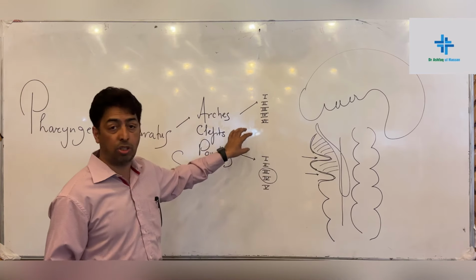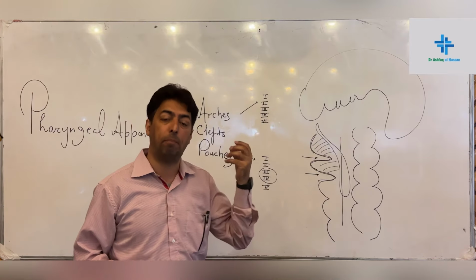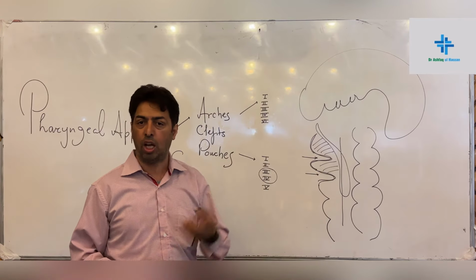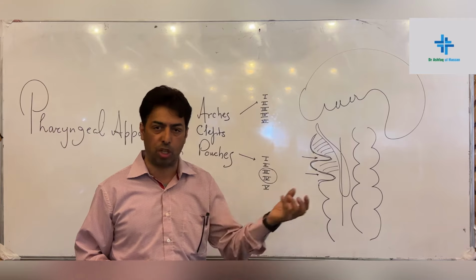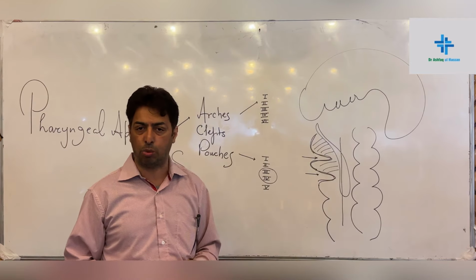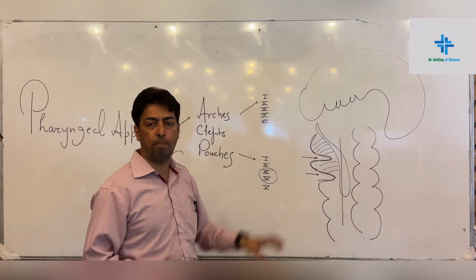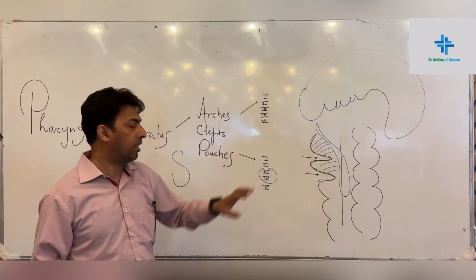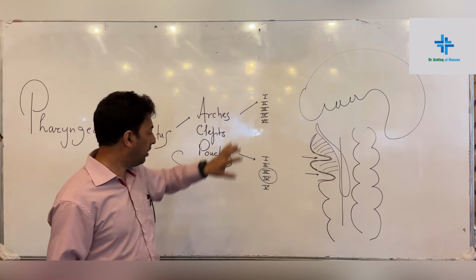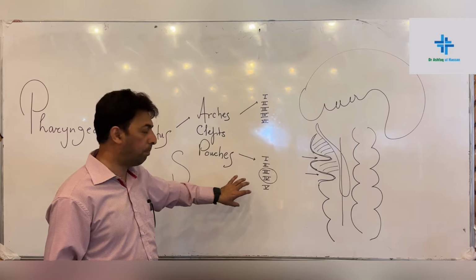And especially in Treacher Collins syndrome, we can have mandibular hypoplasia, maxillary hypoplasia, cleft lip, cleft palate, which are common, and there can be disturbances in the intercanthal distance as well, and so many other defects. But over here, it is important to remember that there can be arch syndromes, and there can be DiGeorge syndrome as a result of maldevelopment of pharyngeal pouches.